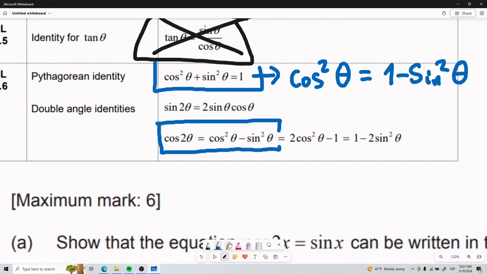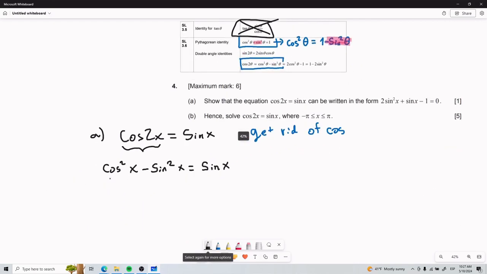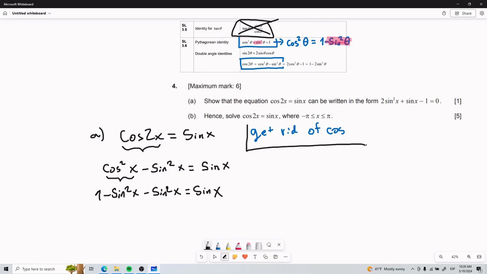All I really did was pass this guy to the right. That's all I did. And so once I apply that formula here, I end up with 1 minus sine squared x minus sine squared x equals sine x. And yes, this looks kind of nasty, but hey, look at that. We just got rid of cosine.